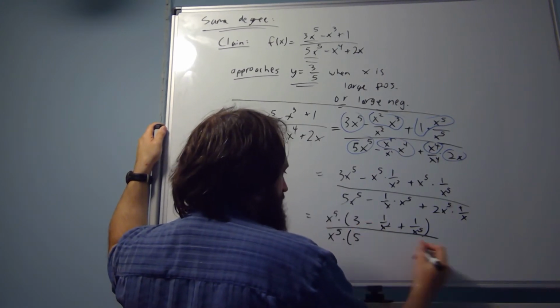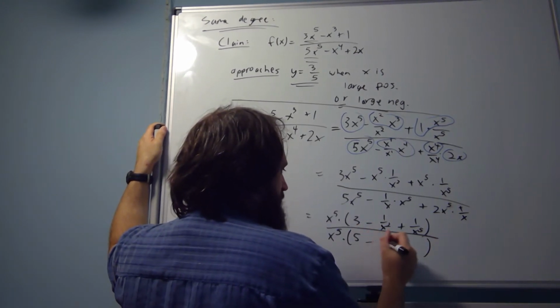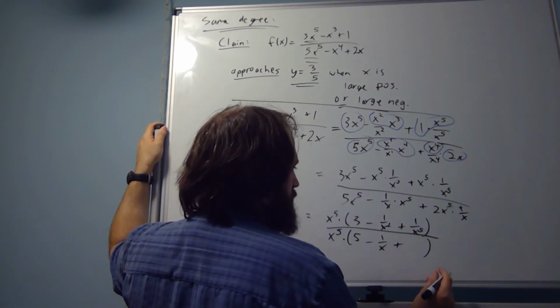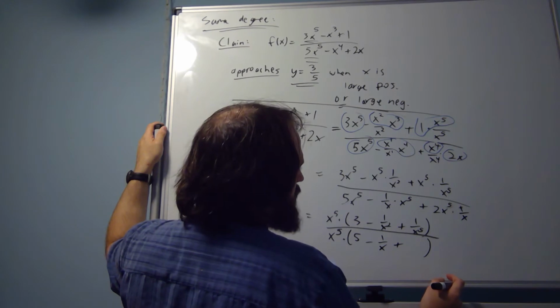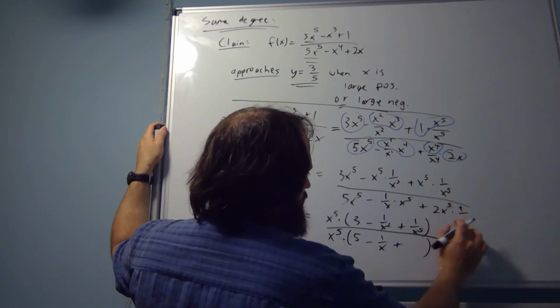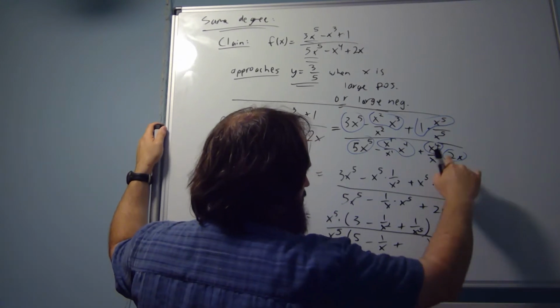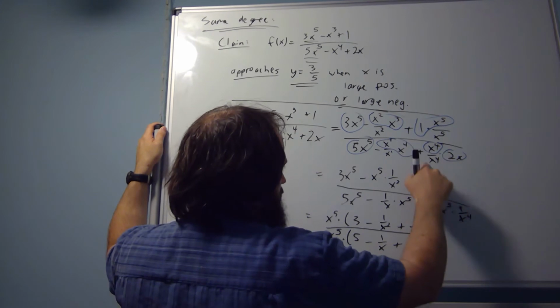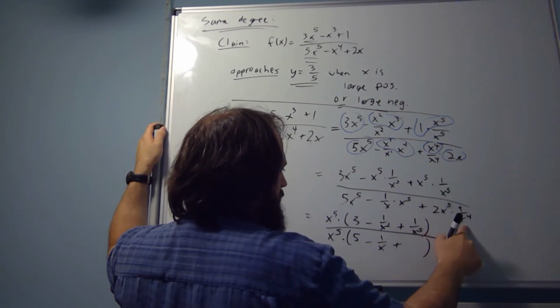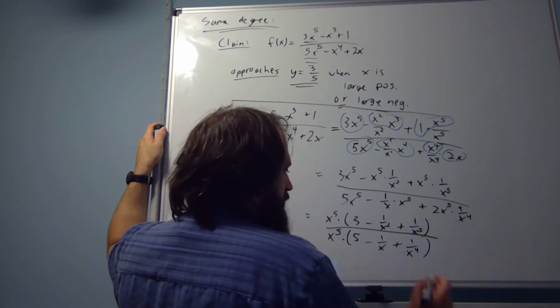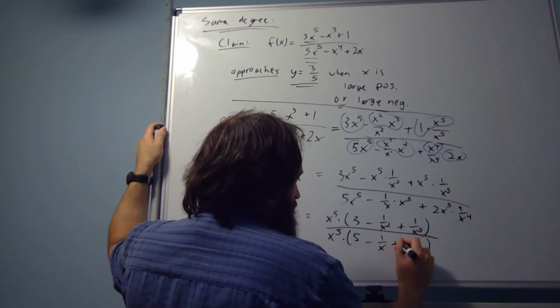You've got a 5 plus the very small stuff. And this one, I copied that one down wrong. So this 2x, it needed an x to the fourth divided by x to the fourth. So there's a, and I'm missing a 2.